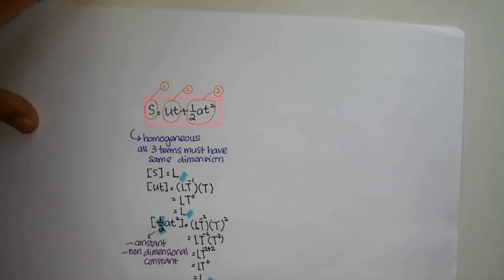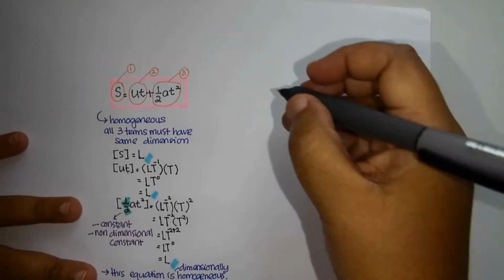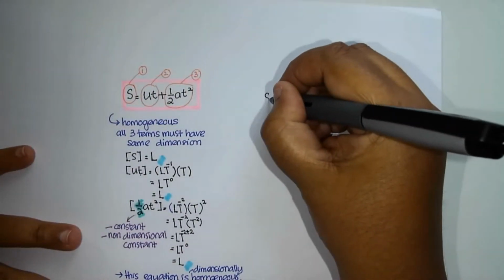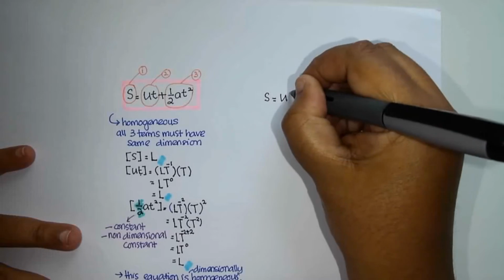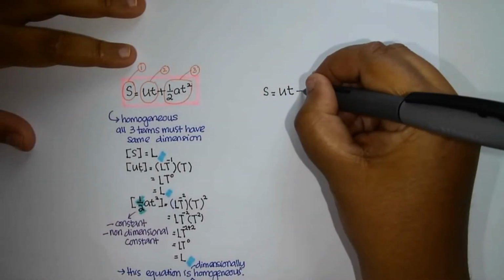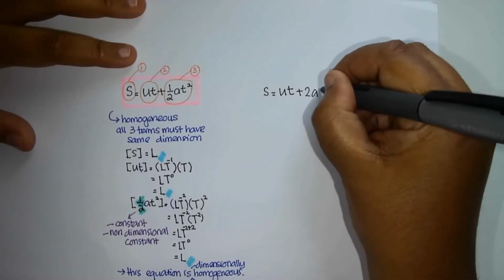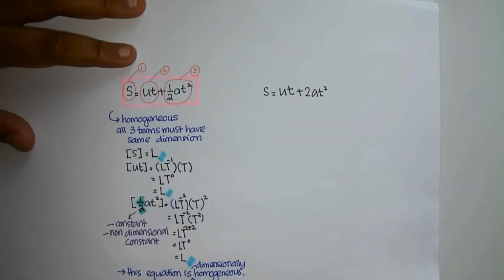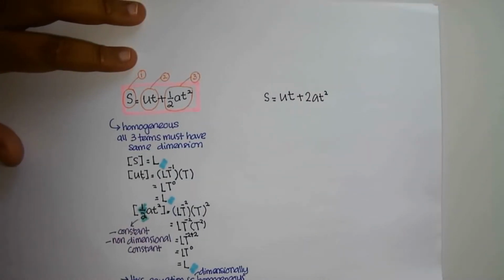Now I have an equation: s equals ut plus 2at squared. How many terms do we have?